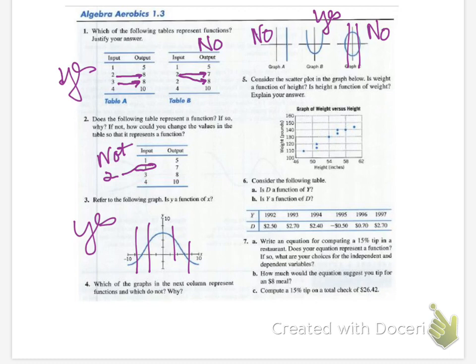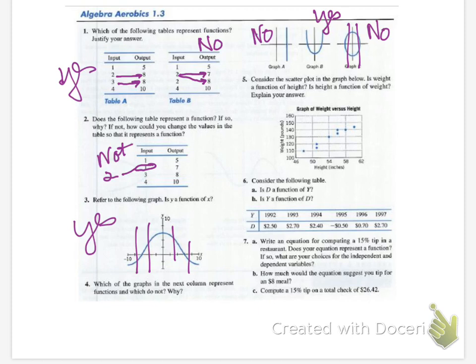Okay, then number 5 says, consider the scatter plot in the graph below. Is weight a function of height? Is height a function of weight? So let's see. What do I see? Height, right here, I'm going to fail the vertical line test if I go that way.